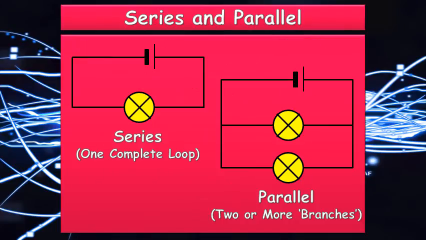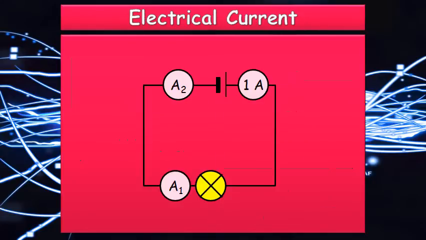Okay, so series and parallel. So series is when the circuit is in one complete loop, whereas in parallel there are two or more branches, so the current or the electrons have options. So here we have a current starting off at 1 amp, goes through the circuitry and ends up through A1 as also being 1 amp, and A2 also being 1 amp.